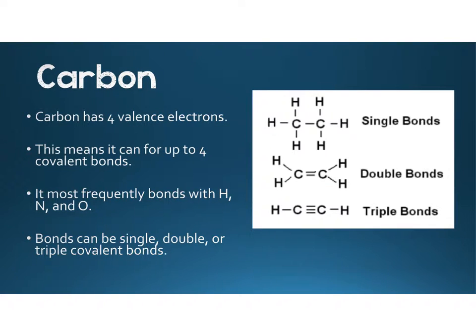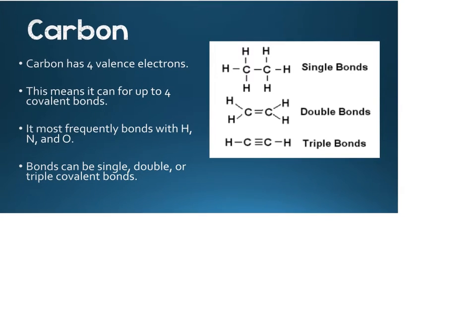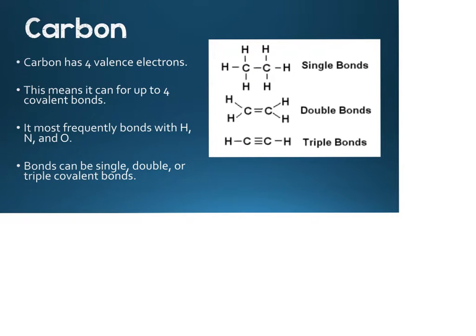So again, carbon does have 4 valence electrons. If we draw a Lewis dot diagram of carbon, we start with carbon. It has 4 valence electrons, so there's going to be 1 electron on each side. And so that means that there are 4 bonding sites around carbon.